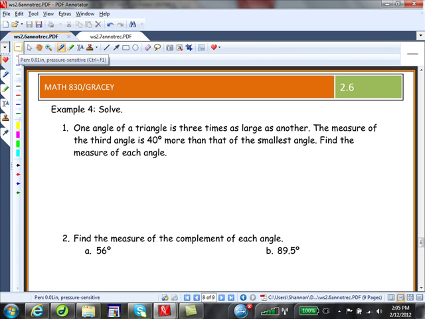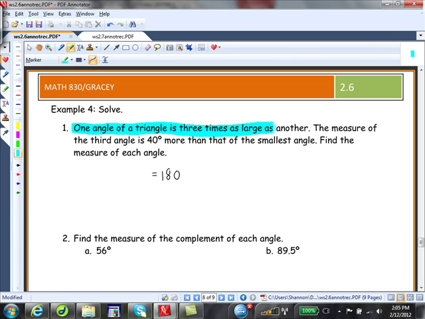Okay, so let's see. We have a triangle. And we know that the angles of a triangle sum to be 180 degrees. So right away, we're halfway there if we say equals 180 degrees. We'll put the degree in at the end. Now let's deal with this first one.